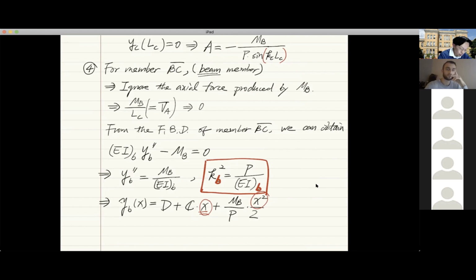And there are two unknowns in here. Ideally, actually, the textbook flip these two. What they call the first one D and the second one C. If we follow this order, we should call the first one C and the other one D. So I'm just using the same symbol. So when you compare with the result on the textbook, you can match these two together.